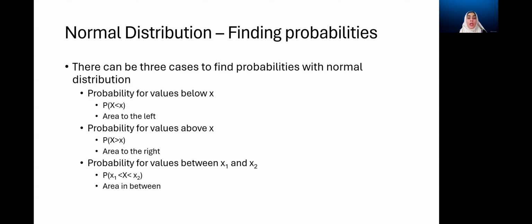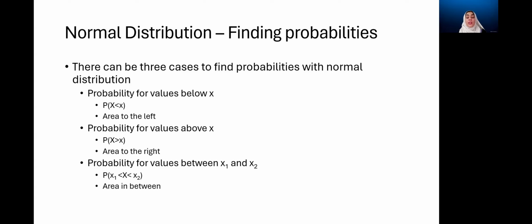And again, I keep on repeating this. The values given in the standard normal table are areas to the left of the given points. Here, in case of the probabilities for values higher than a given value, we are looking for the area to the right of this point, which is not directly available in the table. But of course, we can do an extra step of calculation to find this probability.